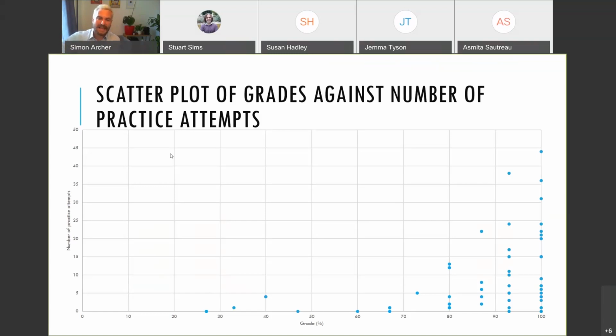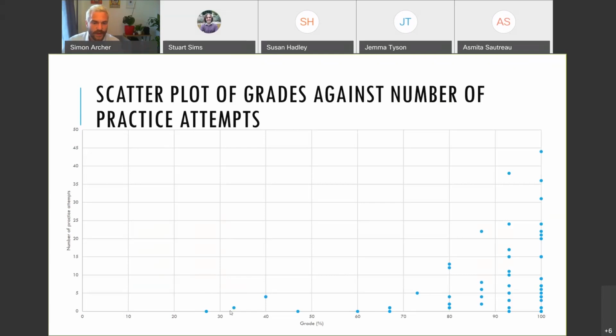We can see that there was a direct correlation between the number of practices a student had and their overall grade. If we look right down the bottom here, students that did 1, 2, 4 practices didn't even achieve 40%. The pass mark for this assessment was 70.